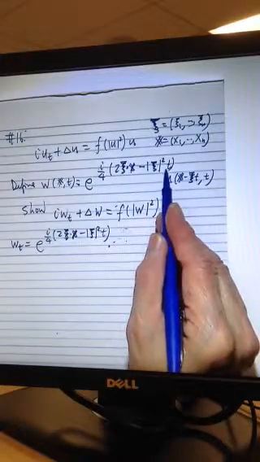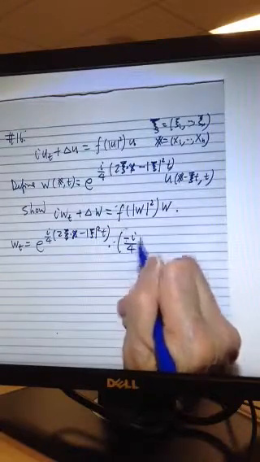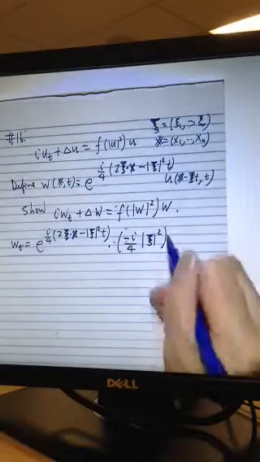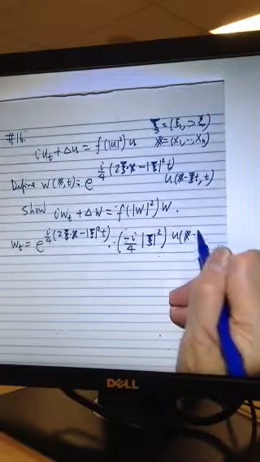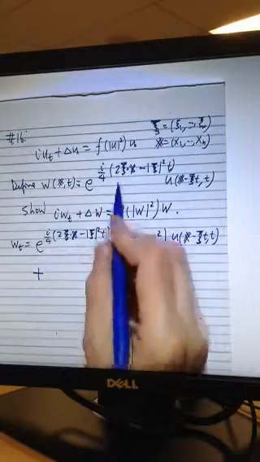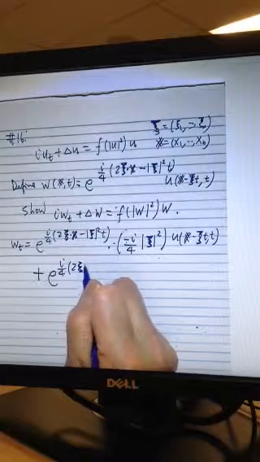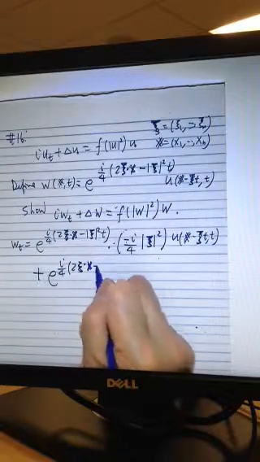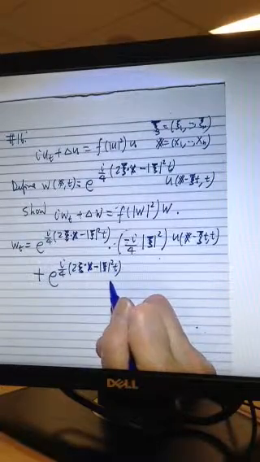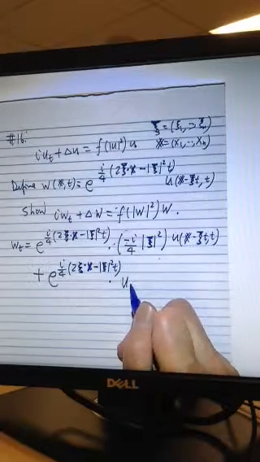Only the one you have is t here, so you get minus i/4 |c|^2 times u(x - ct, t), plus now you have this one, e^{i/4 (2c·x - |c|^2 t)} times the derivative of this, differentiating with respect to t.